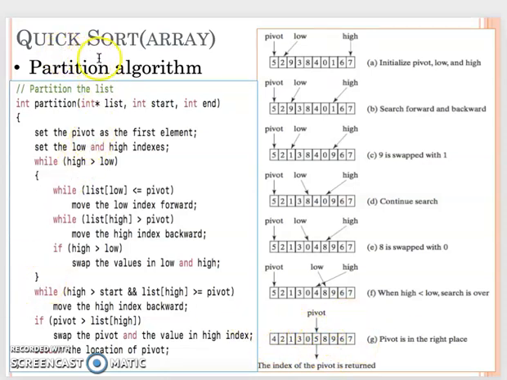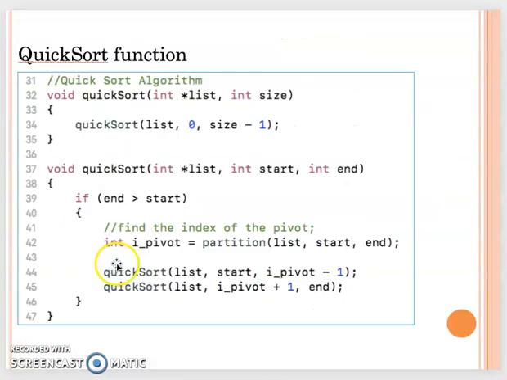This QuickSort algorithm works on either an array or a linked list. This example is for the array implementation. You pass the array pointer and give it the size. Here we're just using another overloaded QuickSort function, so it's easier to give it the start index and end index.